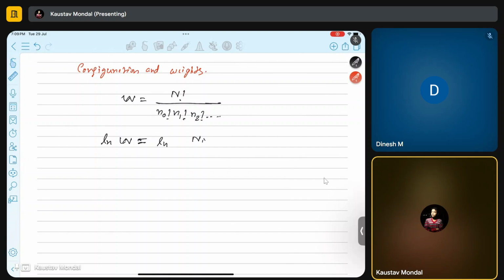So ln on this side and ln on the right side also: n factorial, n0 factorial, n1 factorial, n2 factorial, and so on. So I take log on both sides.